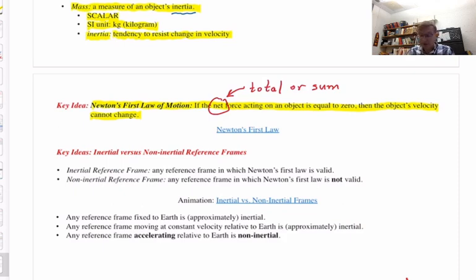And so what you have to do is take all those force vectors and add those vectors, vector addition, chapter 3, to get the total or net or sum of the forces and see what you get then. And if what you get is that the total or the net or the sum of the forces is equal to 0, then the object's velocity cannot change. That's what Newton's first law says.